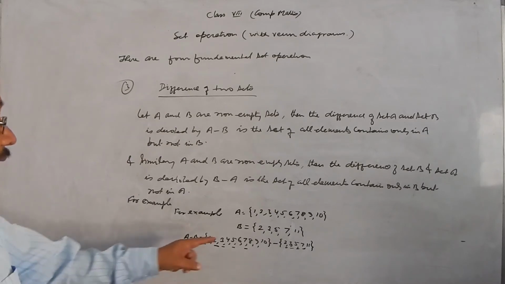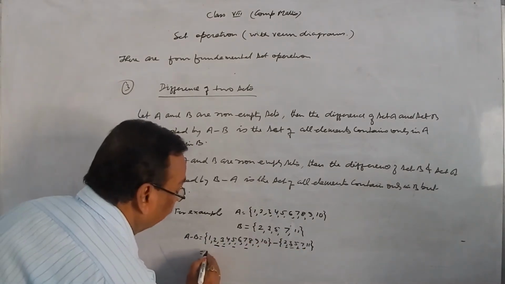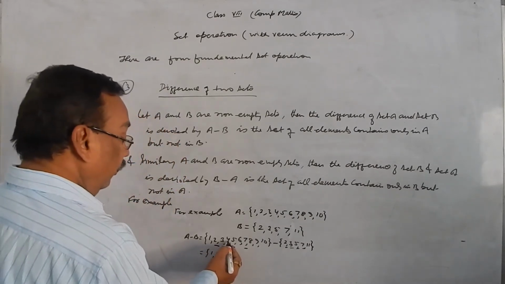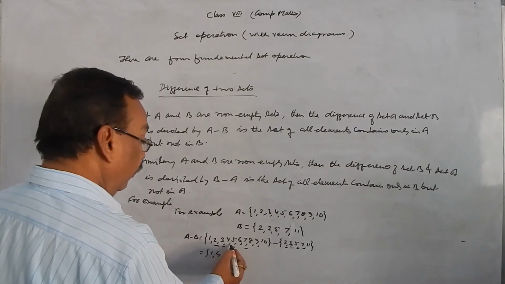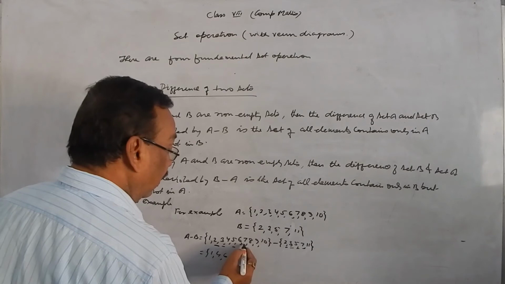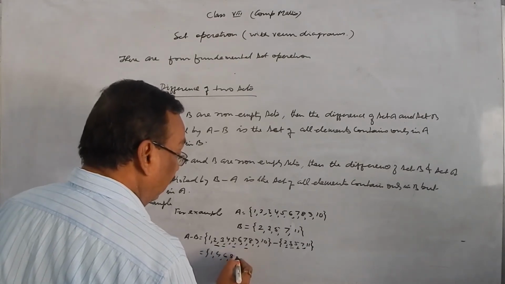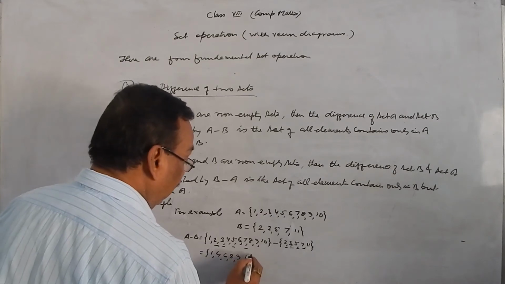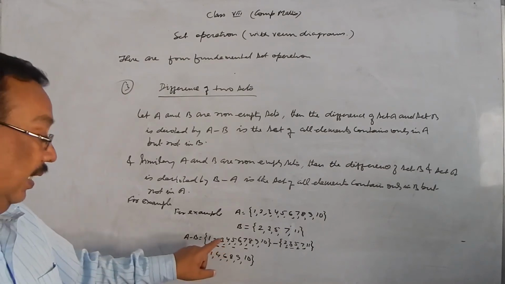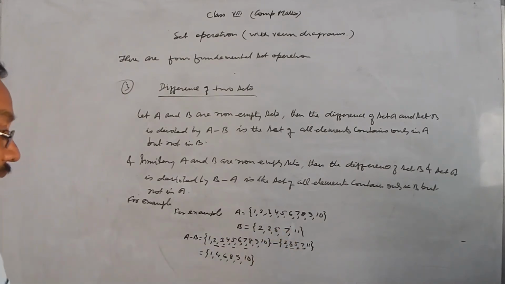So we will subtract. These common elements will not be written. So 1, 4, 6, 8, 9, 10. This means these are the elements that lie in A but do not lie in B.